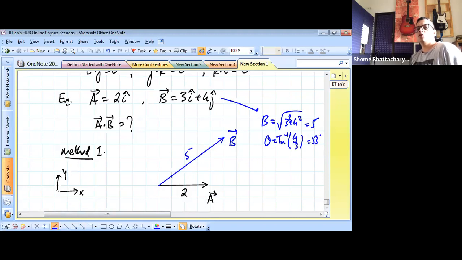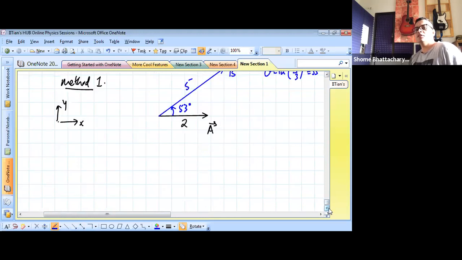Okay. So geometrically I can understand that, okay, this is 53 degrees. So A dot B, by that geometrical definition, AB cos theta is 2 into 5 into cos 53. So that becomes 8. Okay.